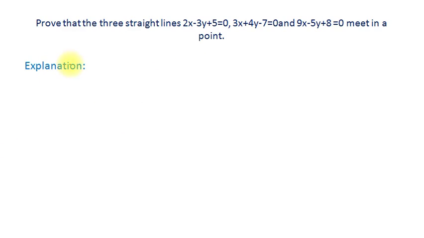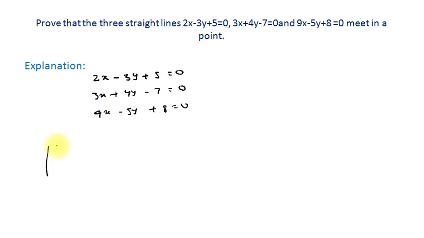Now here we have to prove that the three straight lines, that is 2x minus 3y plus 5 is equal to 0, second 3x plus 4y minus 7 is equal to 0, and third 9x minus 5y plus 8 is equal to 0, meet at a point.